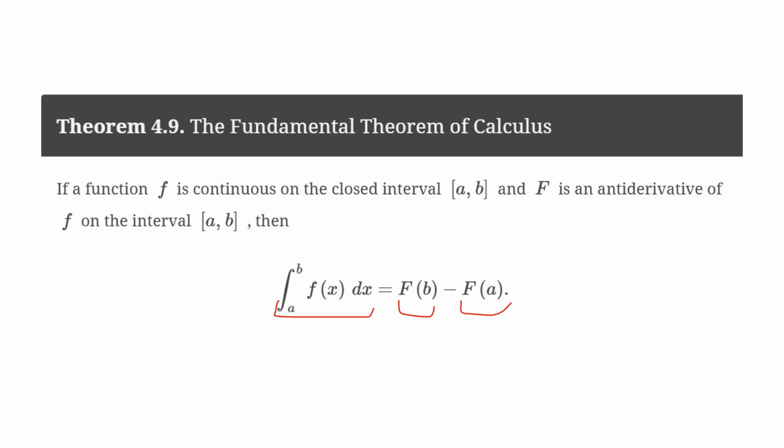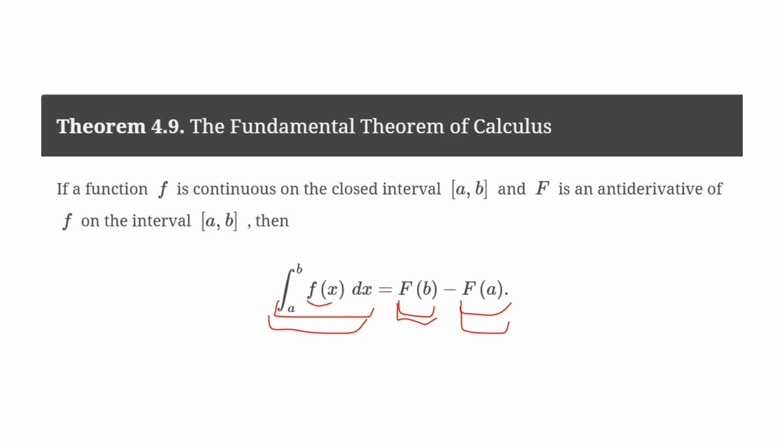And once we have this theorem, it becomes simpler to find any definite integral, because it would be simpler to find the antiderivative of function f instead of computing the limit of an infinite sum.